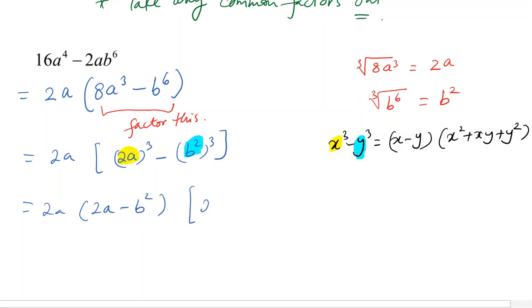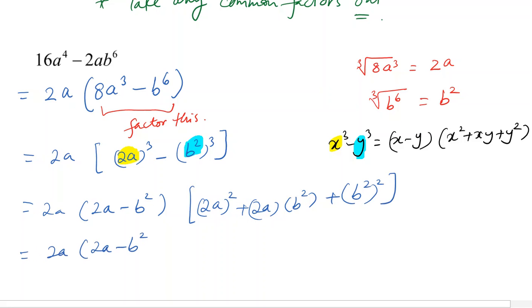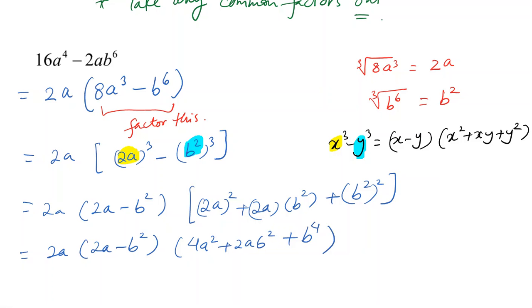And then for the second factor, we get 2a squared plus 2a times b squared plus b squared whole square. So we have 2a times 2a minus b squared times 4a squared plus 2ab squared and b raised to power 4. So these are our factors of the given expression.